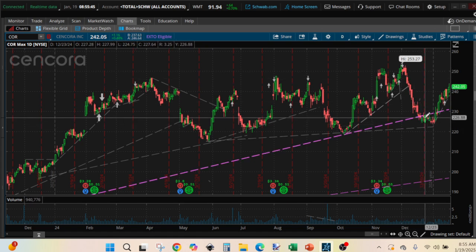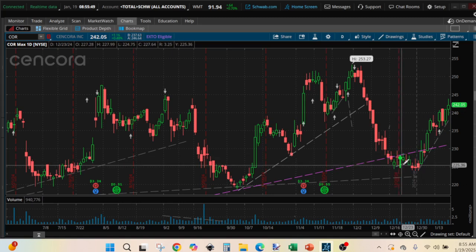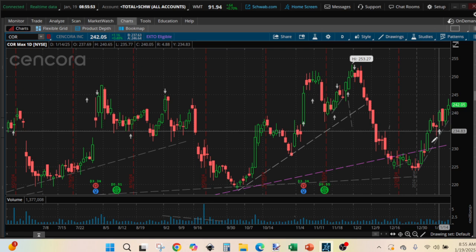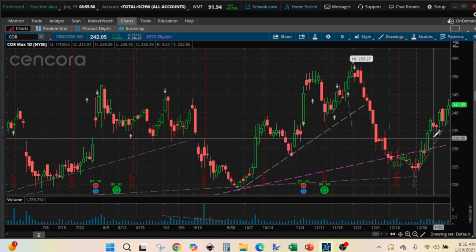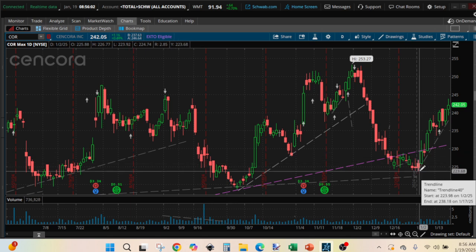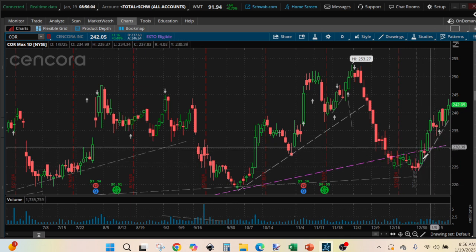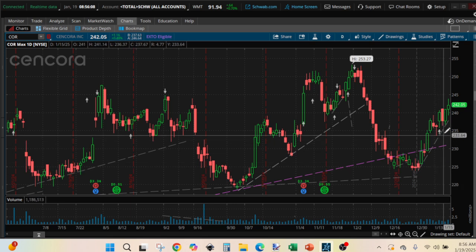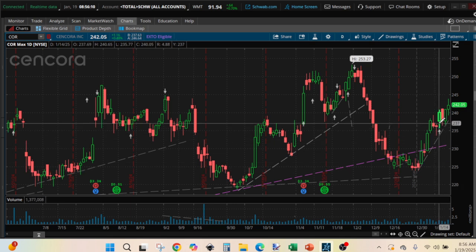There are some lower lows there, some higher lows, some lower lows, and then some higher lows here. One higher than this one, higher than this one. So we have like two higher lows here in addition to this one, and we bought at that green bar.